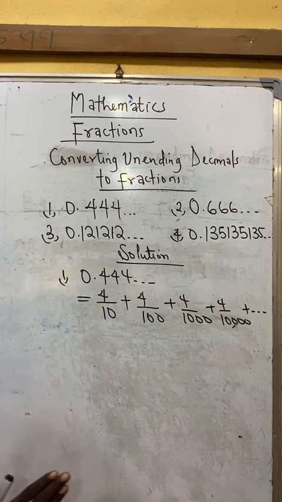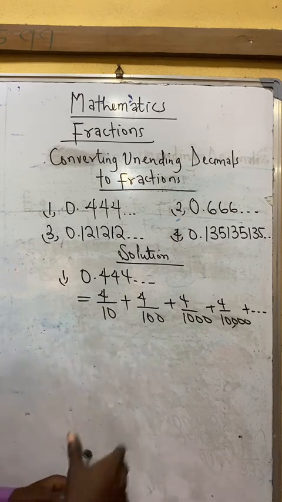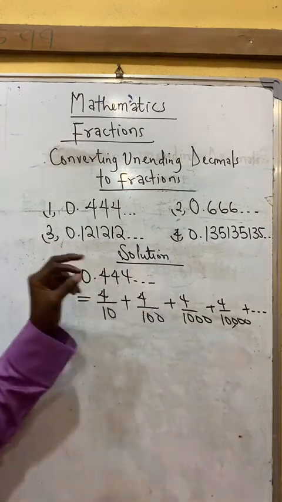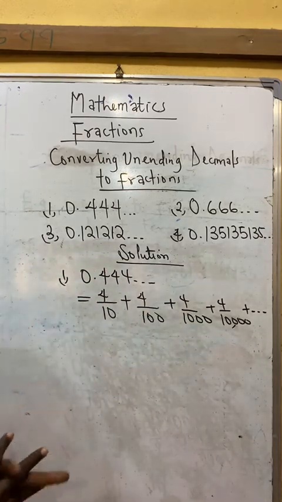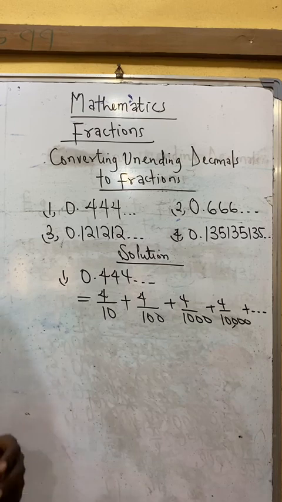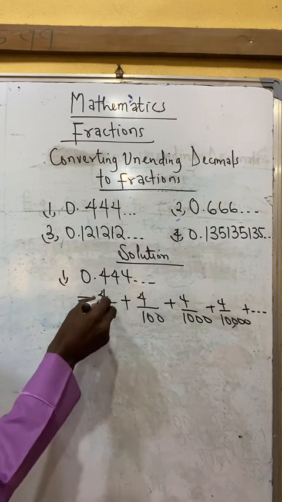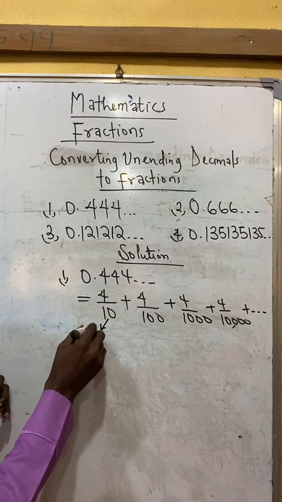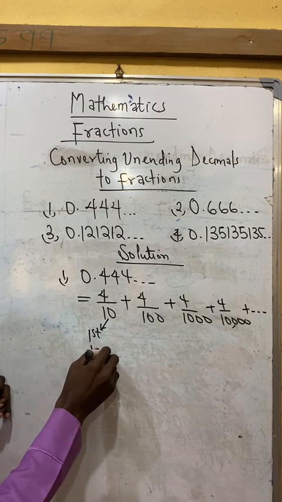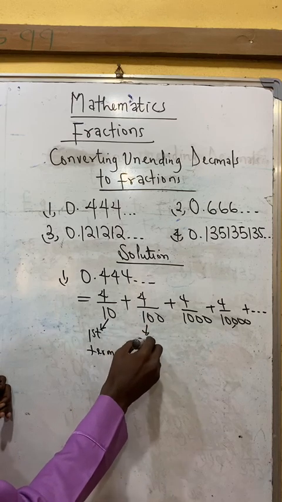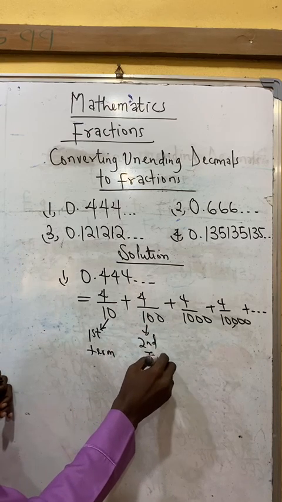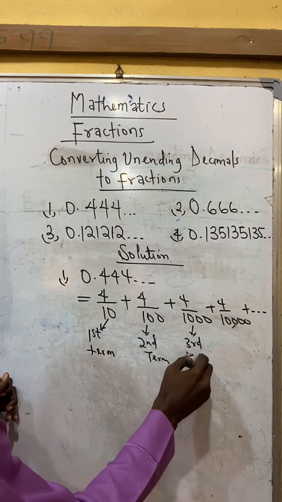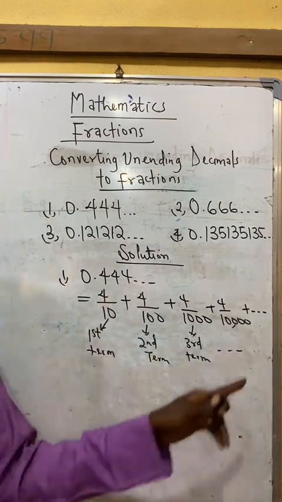According to the sum of GP, geometric progression or sequence and series generally, this first one is taken as our first term. This is the first term, this is the second term, this is the third term, and so on, and this is the fourth term.